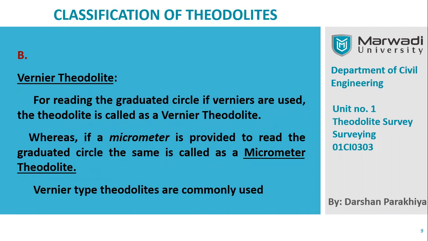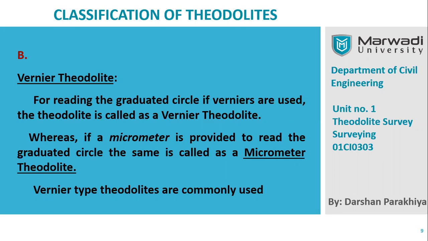Then the second is vernier and micrometer. There are two types of graduated circles in the theodolite, so there are two kinds of theodolite. If the graduated circle is with the vernier, that kind of theodolite is called a vernier theodolite, whereas if a micrometer is provided to read the circle, it is called a micrometer theodolite.